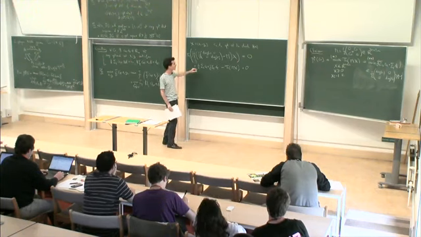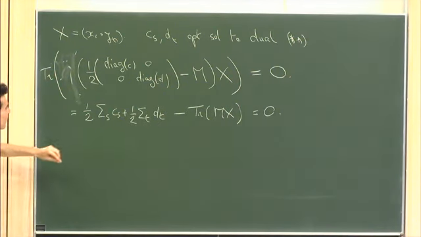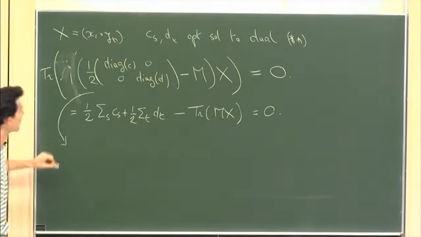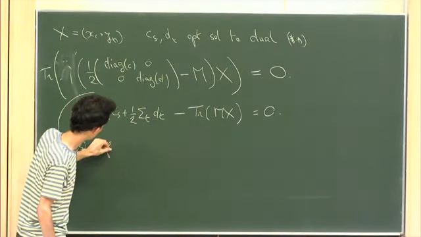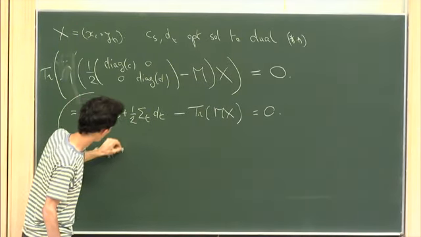And let's look at the diagonal coefficients of this product here. So for example, the SS coefficient, the upper left block, is what?